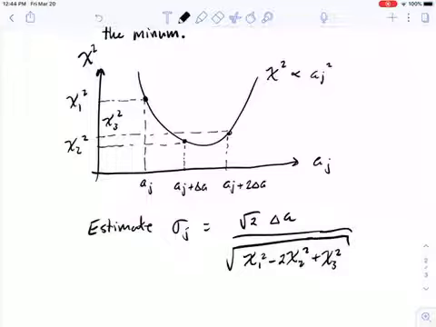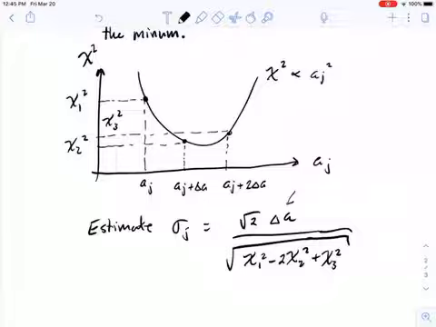So when you look at this, you might say, well, that's weird because the uncertainty depends on the step size delta A, and maybe I could make my sigma arbitrarily small by choosing a small step size.